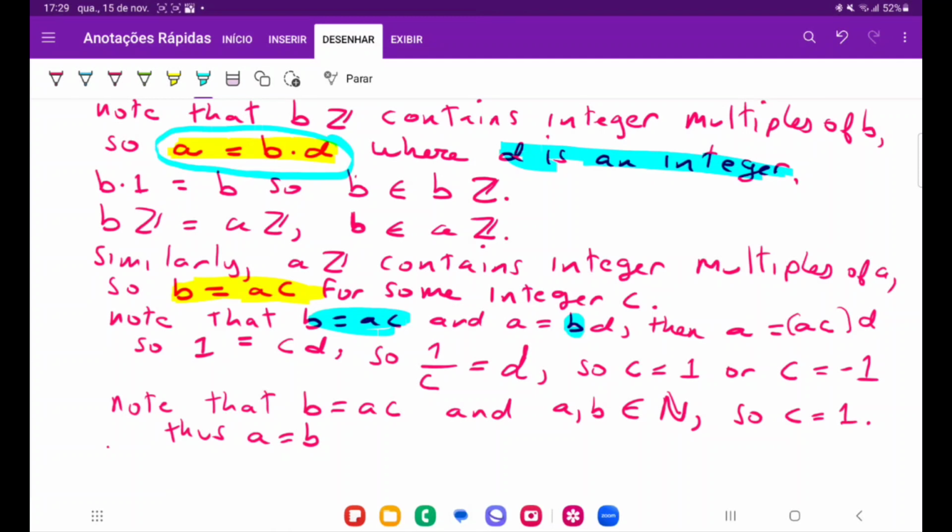So B is an integer multiple of A, so B is equal to AC. Then we plugged B into that equation and showed that C must be equal to 1. So if C is equal to 1, it means that B is equal to A. And that is it for part 2.